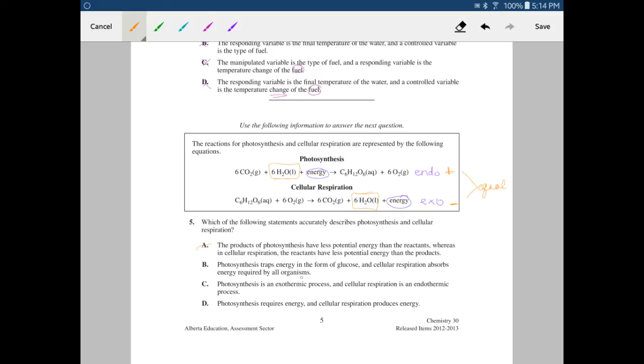Photosynthesis traps the energy in the form of glucose, and cellular respiration absorbs the energy required by all organisms. This one also doesn't make sense. That's not really accurate at all. Photosynthesis is an exothermic reaction. Well, we just said up above that it was endothermic, and cellular respiration is endothermic. Where photosynthesis requires energy and cellular respiration produces energy, that sounds pretty good as an answer to me. And especially it is what we see in this equation. So 5D is the correct answer here.